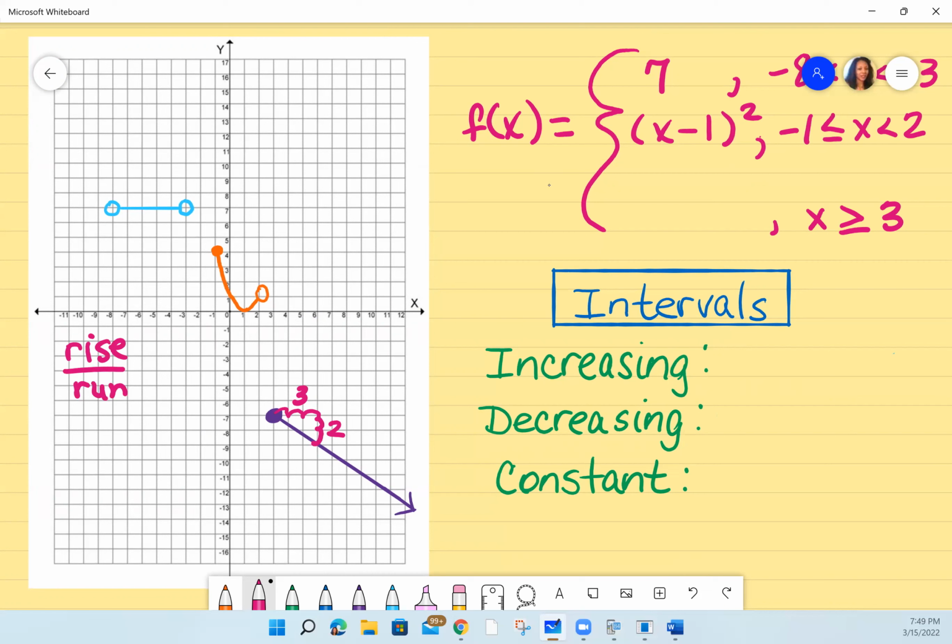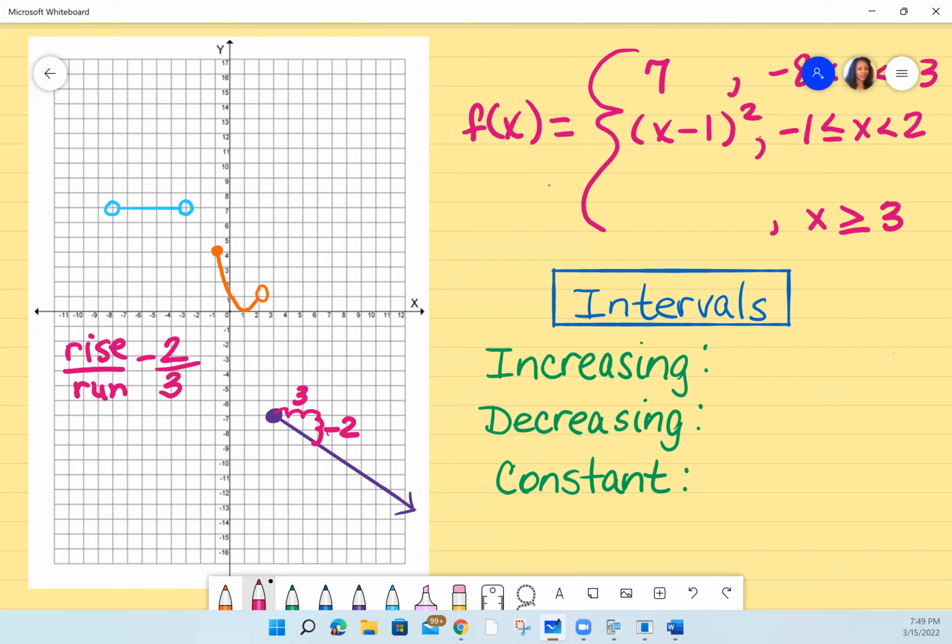Rise means going up or down, so that means it's 2. And run means going left or right, and it's 3. And I see that it is going downward, so it is a negative. Since it went down, it would be better to just put -2 here so nobody will forget the negative.